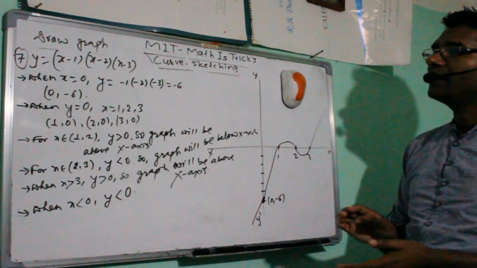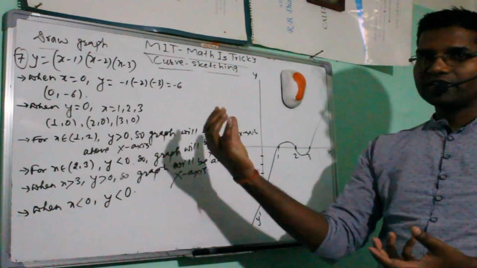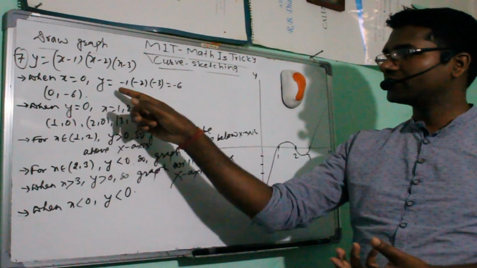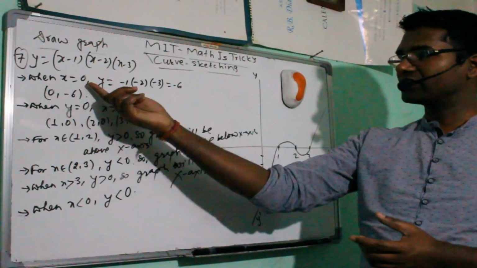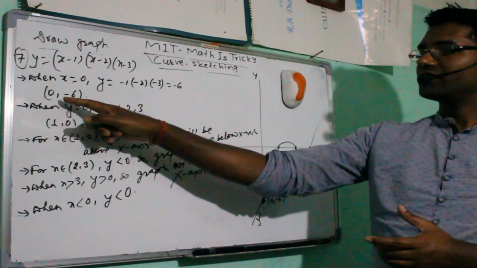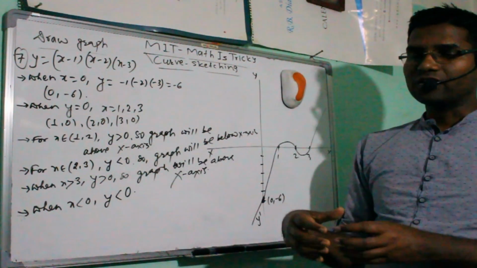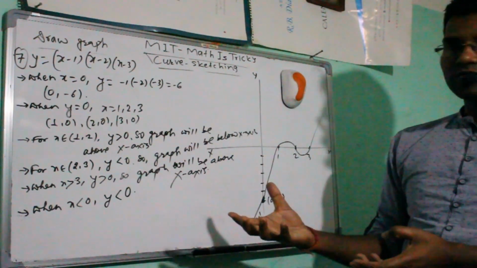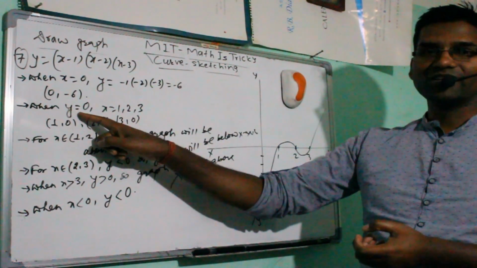This is our answer. So actually what I did here, please remember the steps. First check whether the graph is passing through the origin or not. By putting x equals 0, we got minus 6, which means it doesn't pass through the origin. It passes through (0, minus 6). Now let's check at what point it is cutting the x-axis or y-axis. For the y-axis, x is 0, for the x-axis, y is 0.